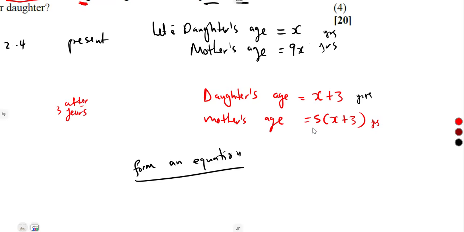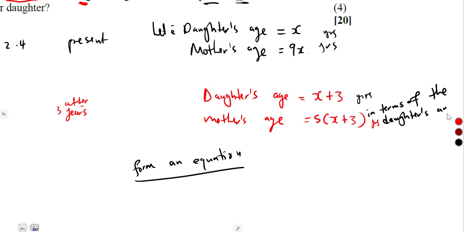All right. What about the mother's age? The mother's age, we are given it present as 9x. What about after 3 years? Because here we wrote this one in terms of what?